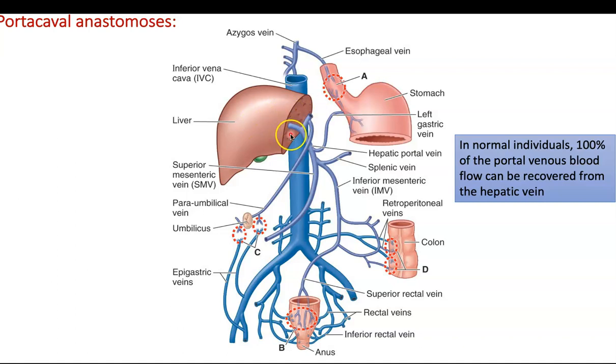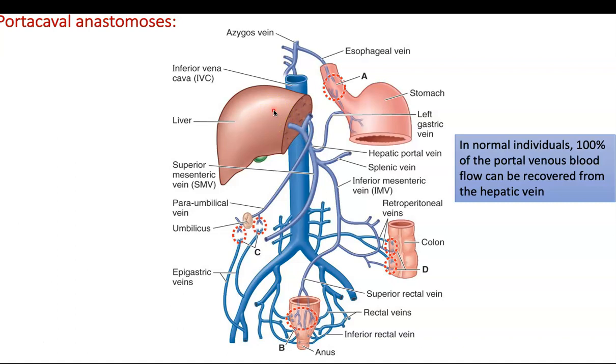When that happens, normal liver parenchyma is replaced with fibrous tissue. Now, when liver parenchyma loses its normal architecture and is replaced with fibrous tissue, then as the blood flows through the liver parenchyma, it meets much higher resistance to the blood flow.